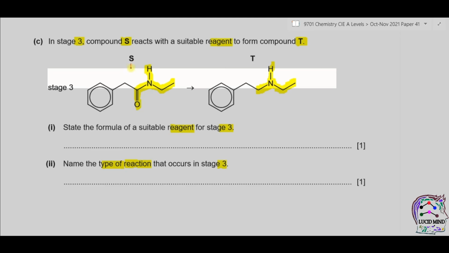Now we can see that this group is the amide functional group. And this group is the amine functional group. Amide was C double bond O, NH. Amine is CH2, NH.